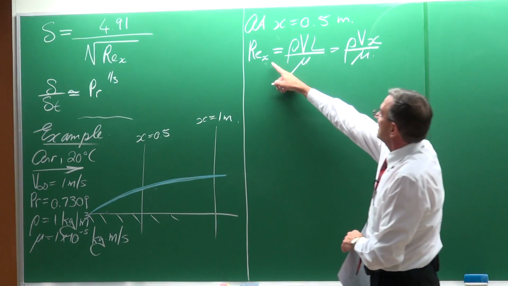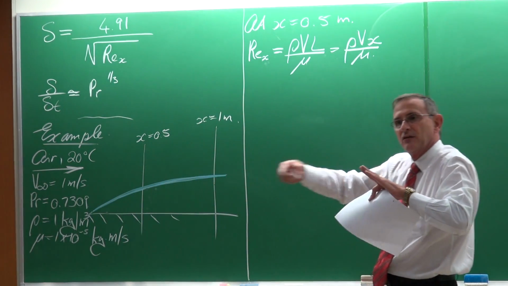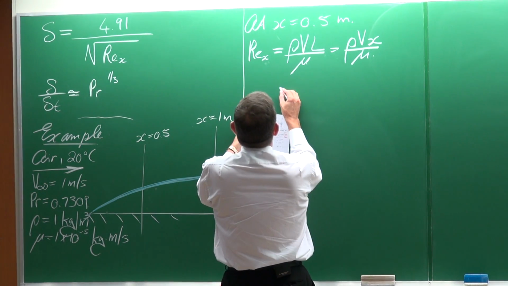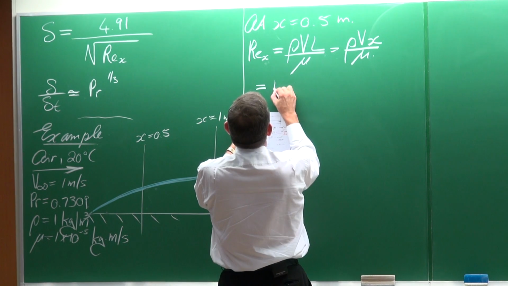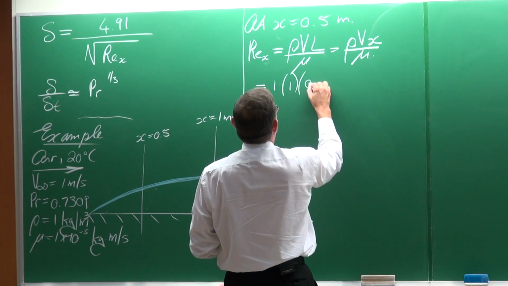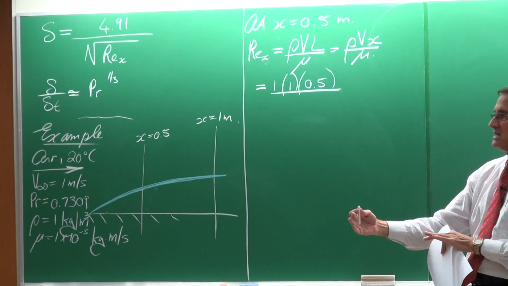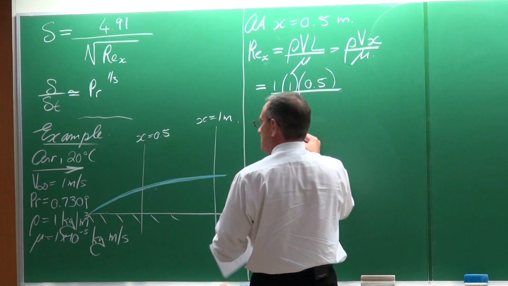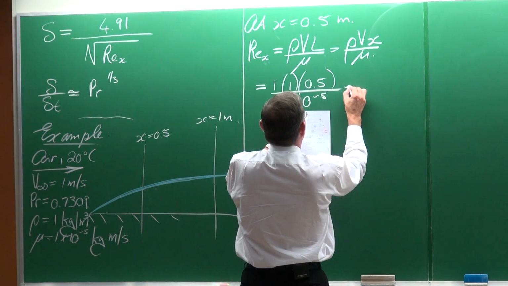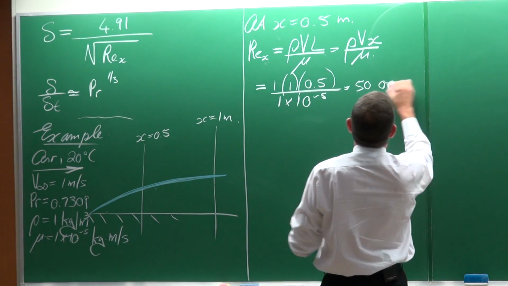So the x indicates the Reynolds number based on the length x from x equals 0. So for this case, the density is equal to 1. The velocity is also equal to 1, and the distance x is 0.5 meters from the leading edge. The viscosity is equal to 1 multiplied by 10 to the minus 5, and that will give us a Reynolds number of 50,000.